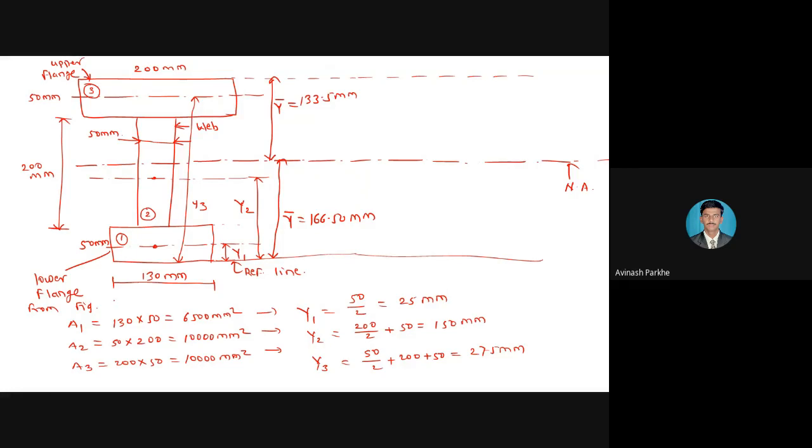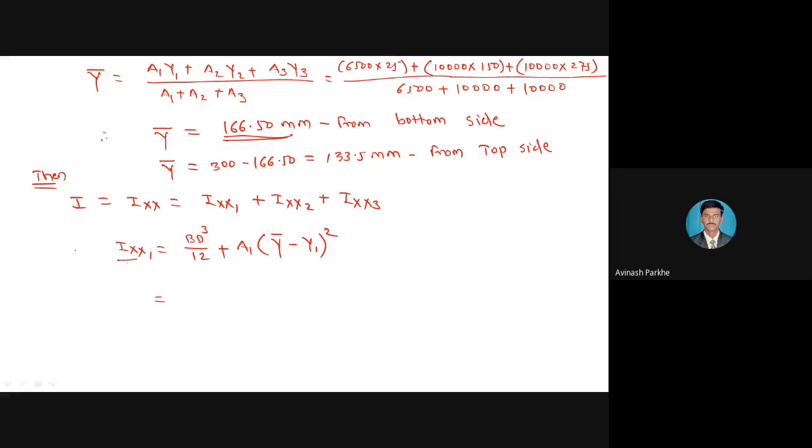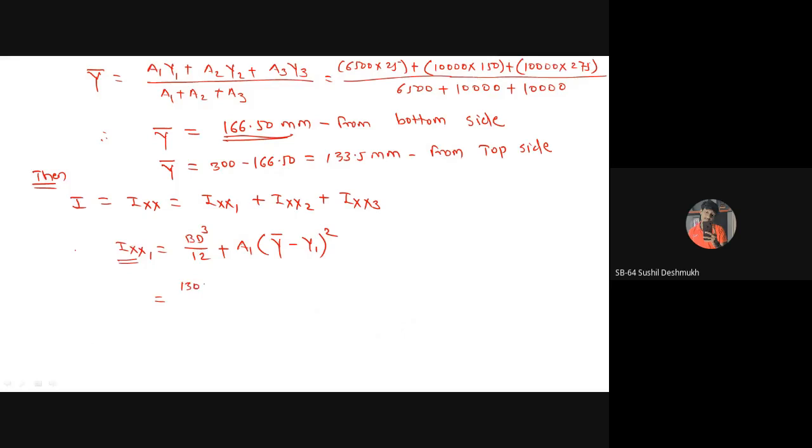I am calculating Ixx1 only, so we have to take all the dimensions for this section number 1 only. What is the B from the figure? 130 mm. Yes, 130. What is the D? 50 mm. So 130 into 50 cube divided by 12.